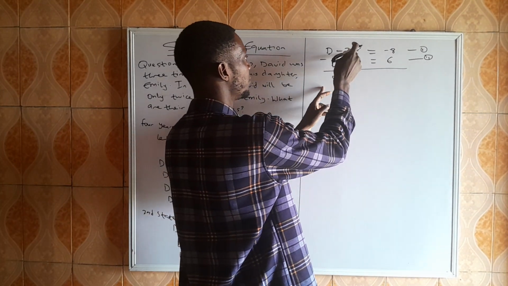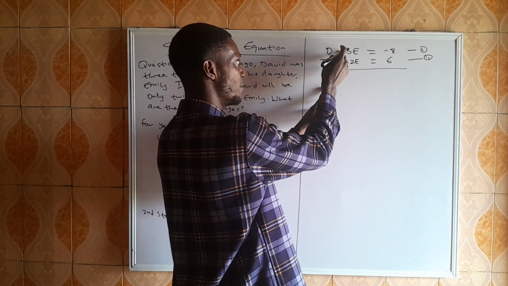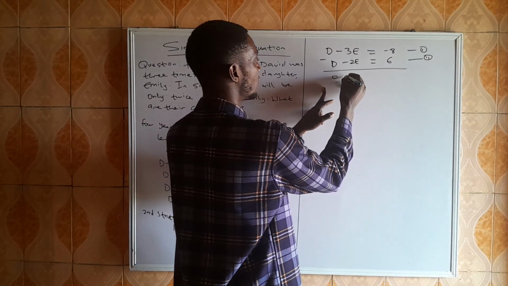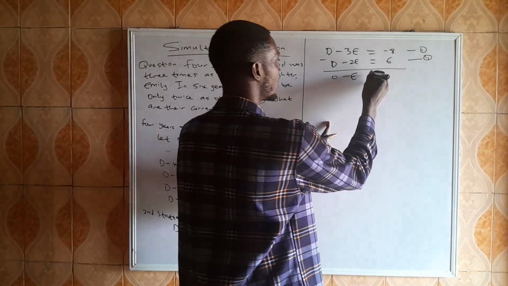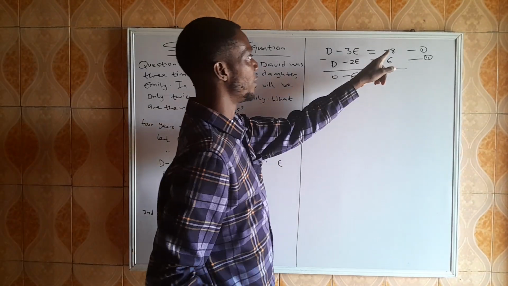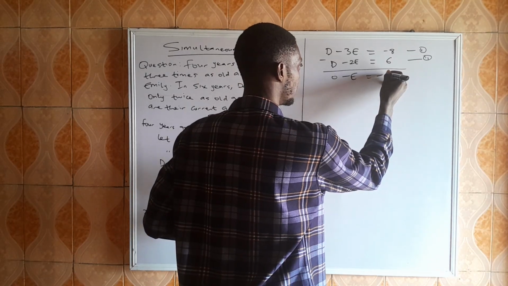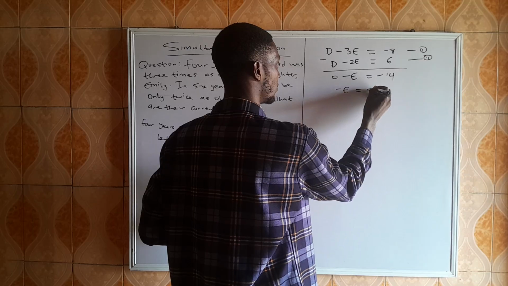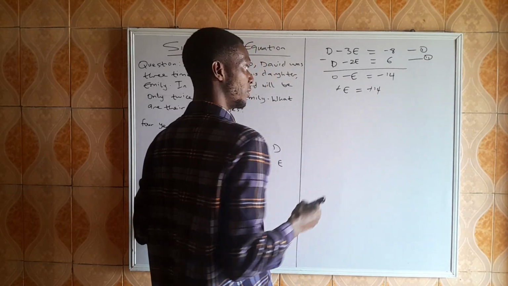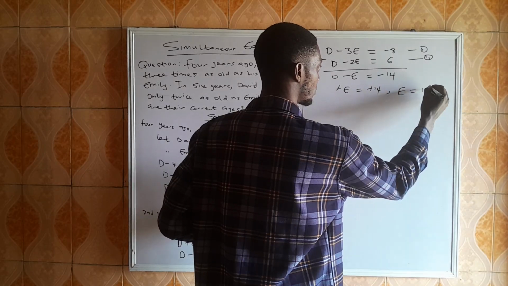We have minus 3E minus 2E, which becomes plus, so minus 3E plus 2E gives minus E. It equals minus 8 minus 6, which gives minus 14. So minus E equals minus 14. Minus cancels minus, so E equals 14.